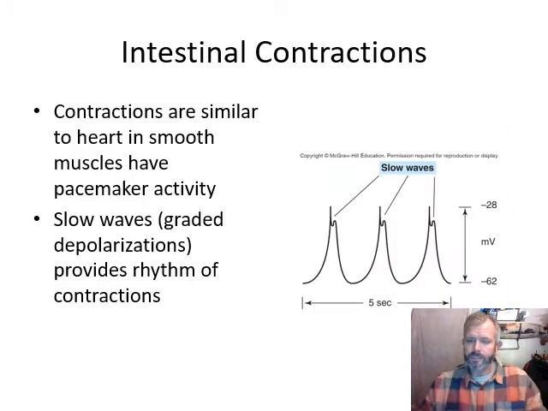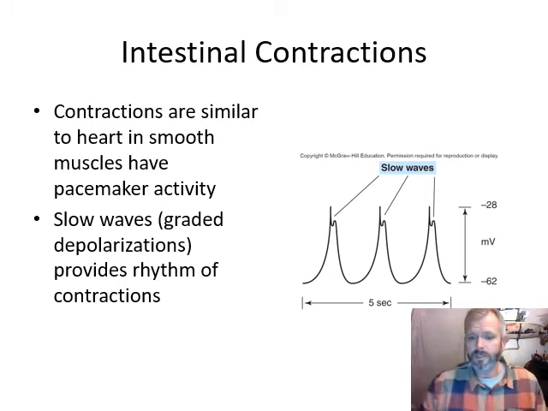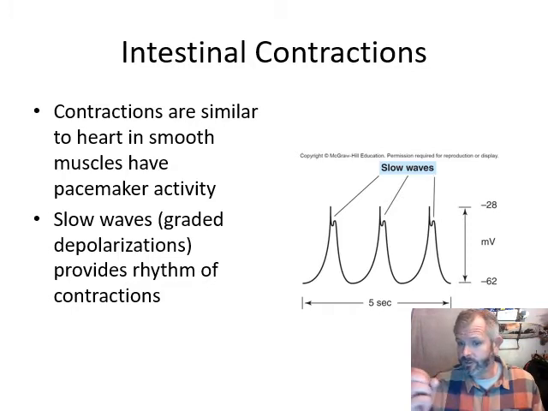So for motility to take place, we have to contract those smooth muscle layers of the muscularis. And in this case, we have similar cells to the heart, where we have these cells that are depolarizing to cause the contraction of the heart.